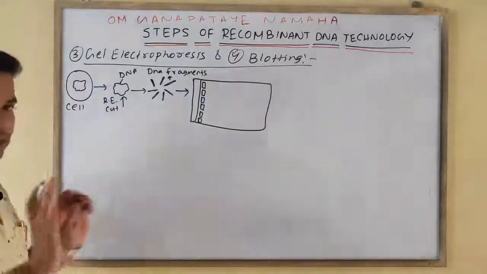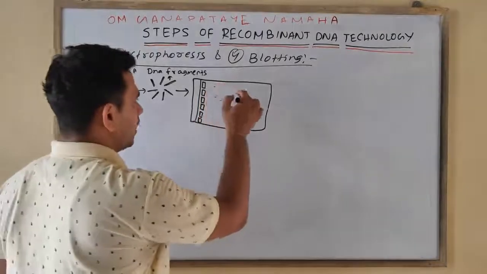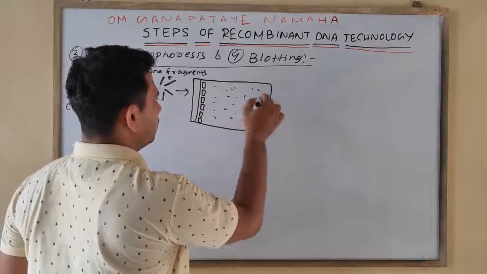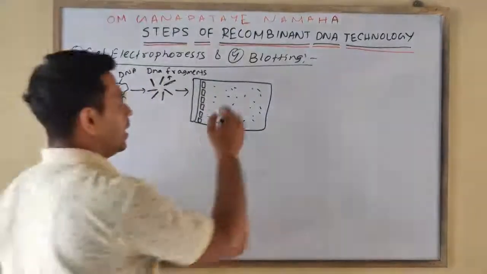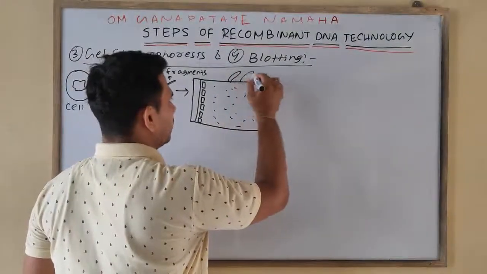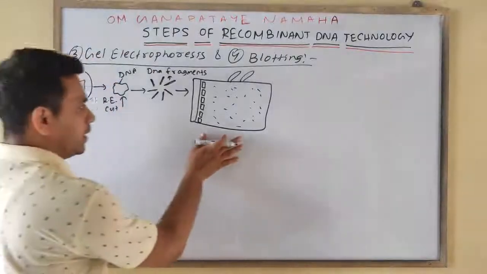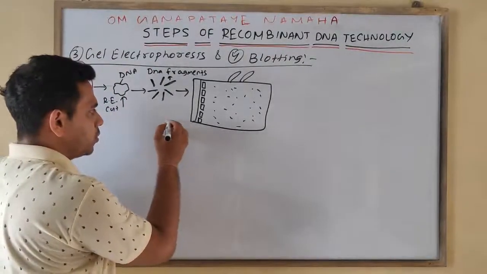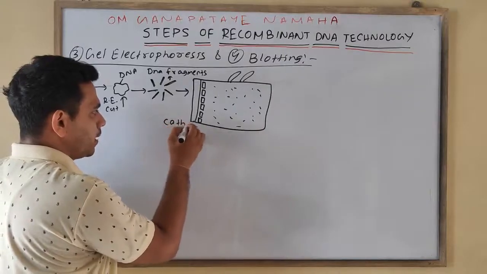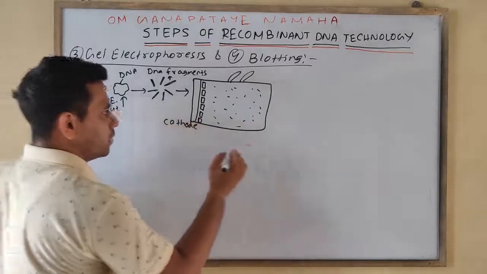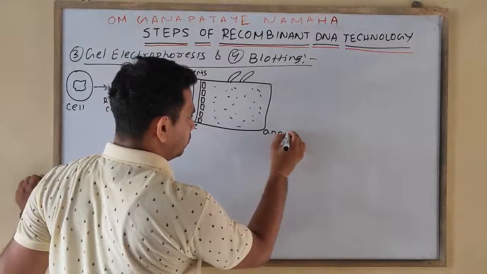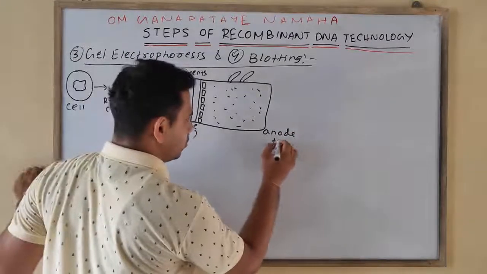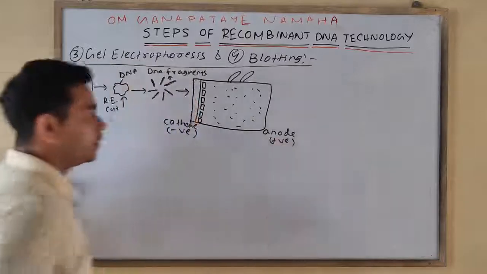The plate has the gel, and an electric supply is also given. Near the base is the cathode end, and this one is the anode. The cathode is the negative end, and the anode is the positive end.